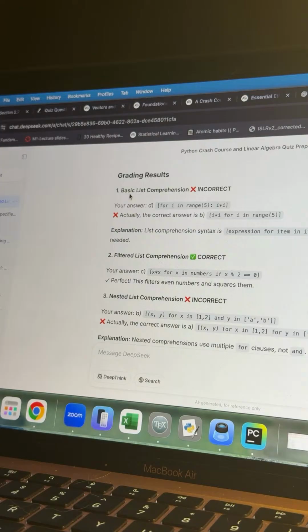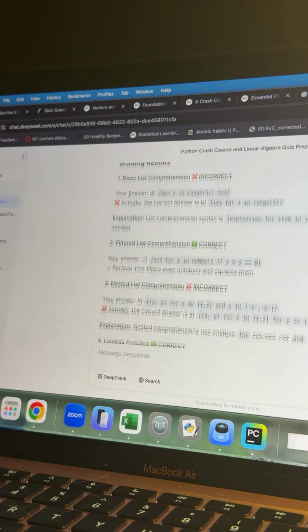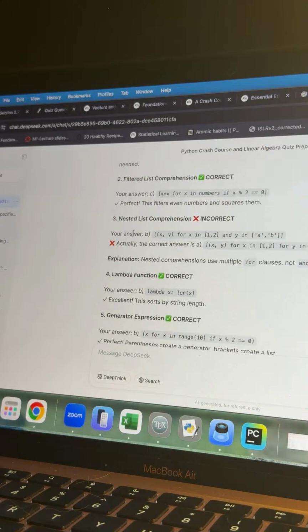So the for loop has to start after the expression. The list comprehension syntax is expression for item in iterable. Okay, so the expression comes first, and then the for, because what are you trying to iterate, right? Like you need the expression first. Okay, that makes sense.